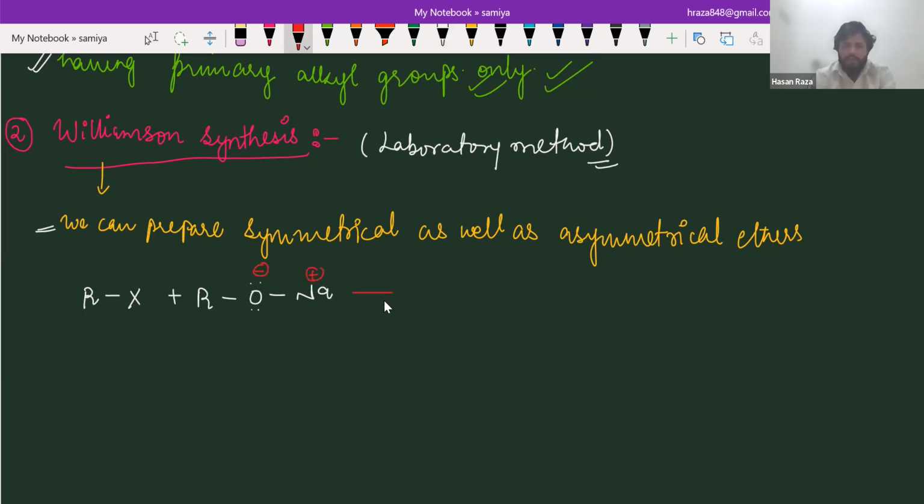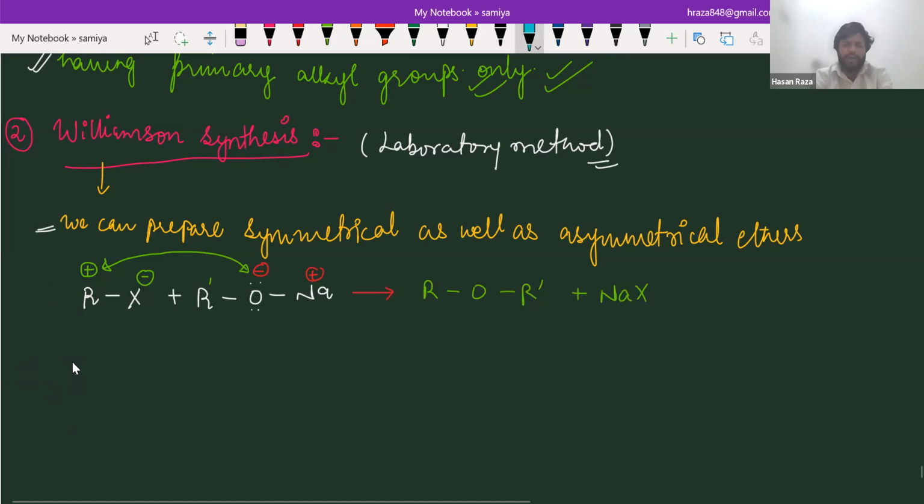Now what will happen? It's very easy to understand. You know that this will have negative charge and this will have positive charge, since the halide or halogen is more electronegative than carbon. What you need to do is just easy: this negative will go with positive. So R O R, take it R dash or R, whatever you want, and there will be elimination of salt.